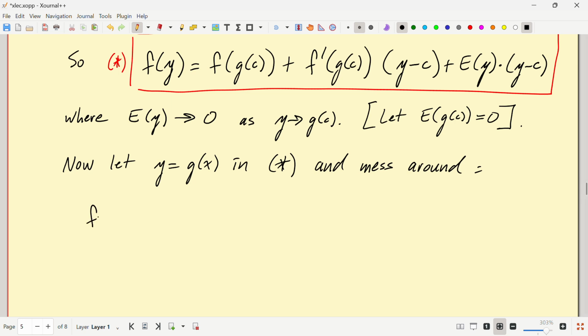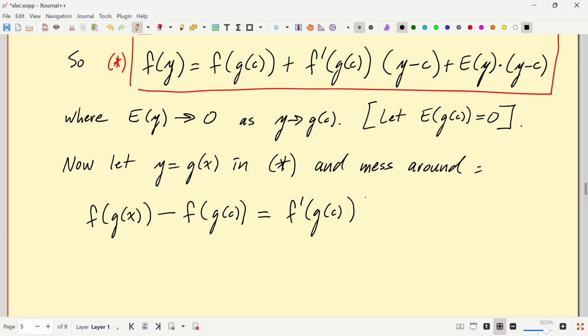I'll have f of g of x. I'll pull the f of g of c on the right over to the left. That's equal to f prime of g of c times g of x.